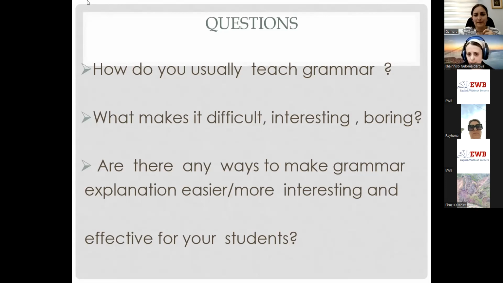Firuz is writing that it is easier to explain step by step and better if you use some diagrams and after that of course with the exercise. Okay, so diagrams, you mean timelines or what? Okay, Firuz.